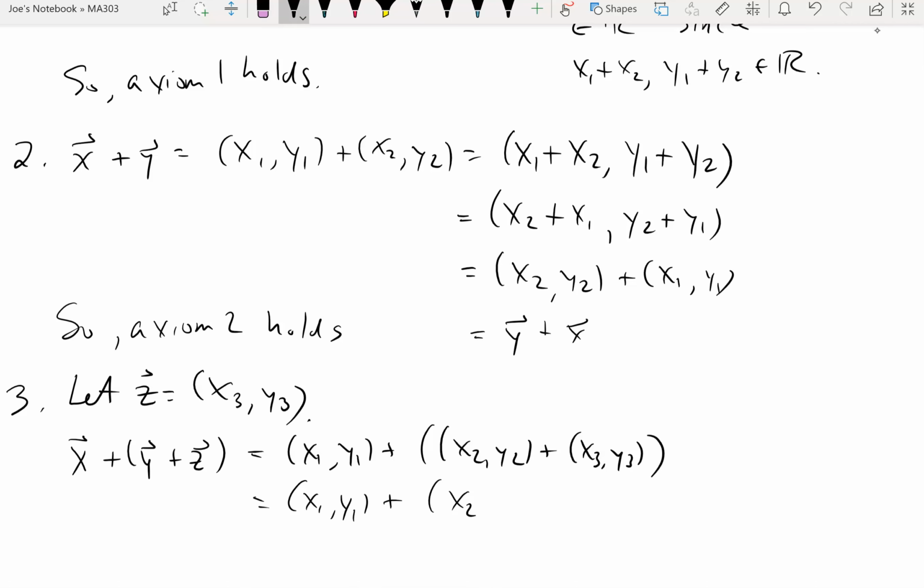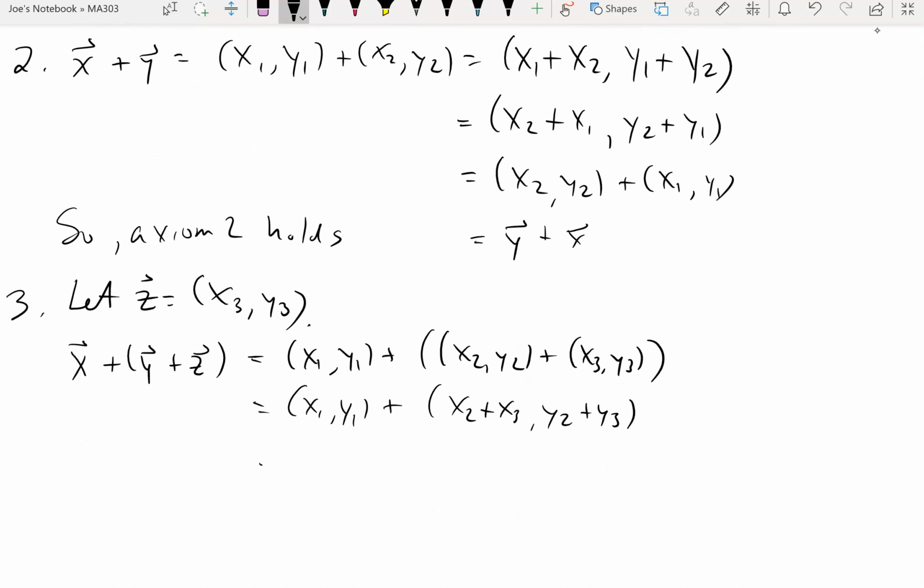And again, we've got this defined as usual addition. So we just add component-wise. And then again, since this is just usual addition, we'll add component-wise again.